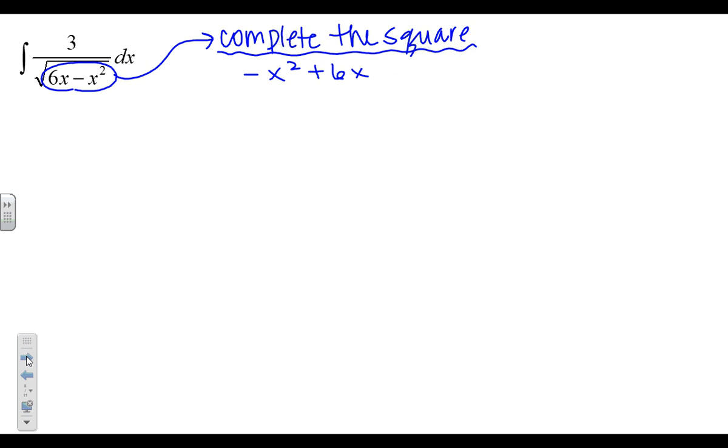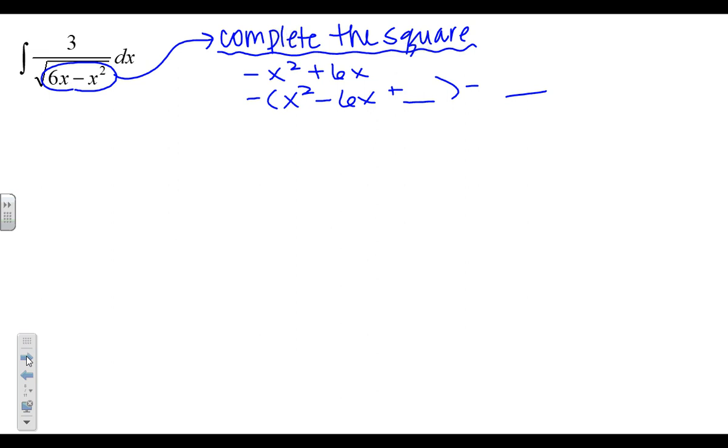We can only complete the square if we have a leading coefficient of positive 1. So I'm going to write this as negative x squared minus 6x plus a mystery number minus a mystery number.